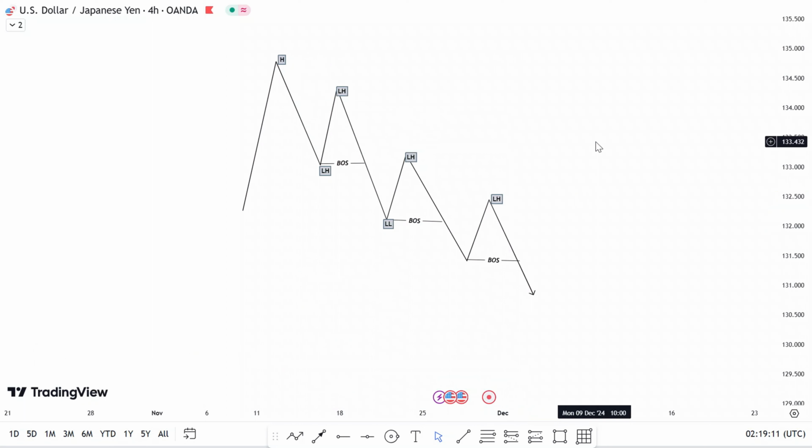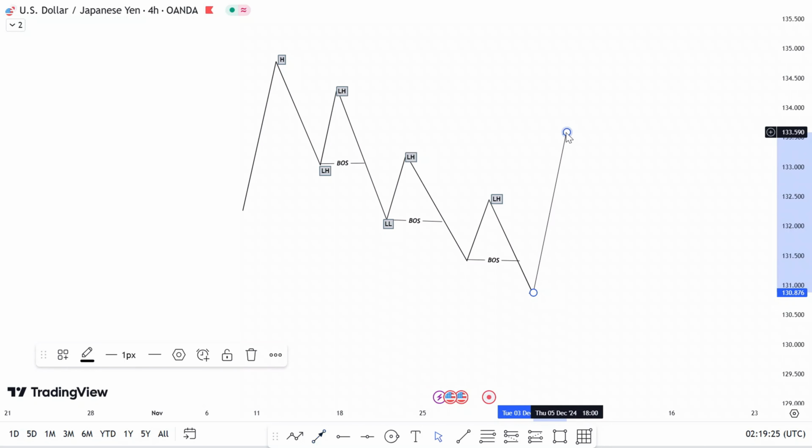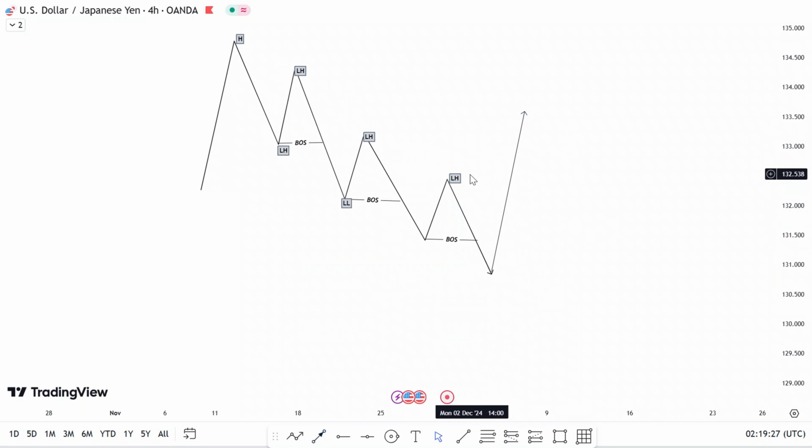Lower high. Now, just like I said, each time the market changes character, in order for this market to change character, the market has to reverse and go above this lower high with a candlestick body, closing above this lower high with a candlestick body.